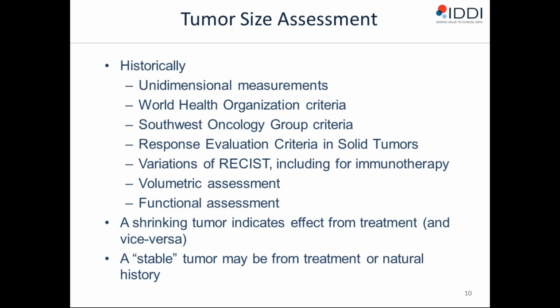Now, in parallel, there has been interest in other types of assessment that are not based on plain, so to speak, assessment of tumors, but rather on volumetric measurements based on imaging studies such as CTs, and also functional assessment, either alone or combined with morphologic assessment, has been of interest. But it's true that these types of assessments have not been implemented widely in clinical trials in oncology.